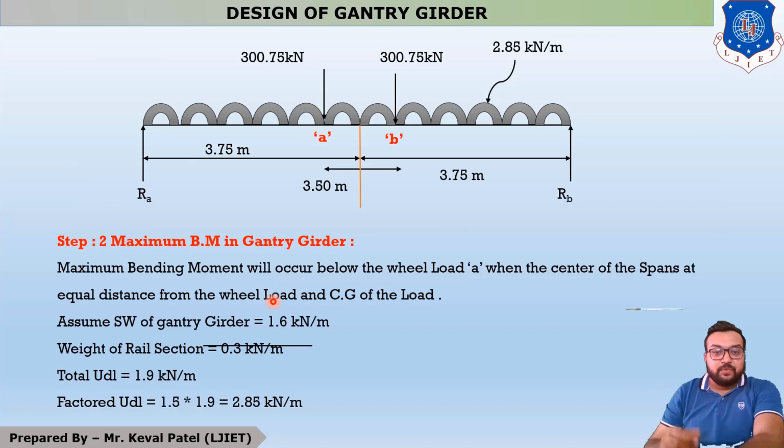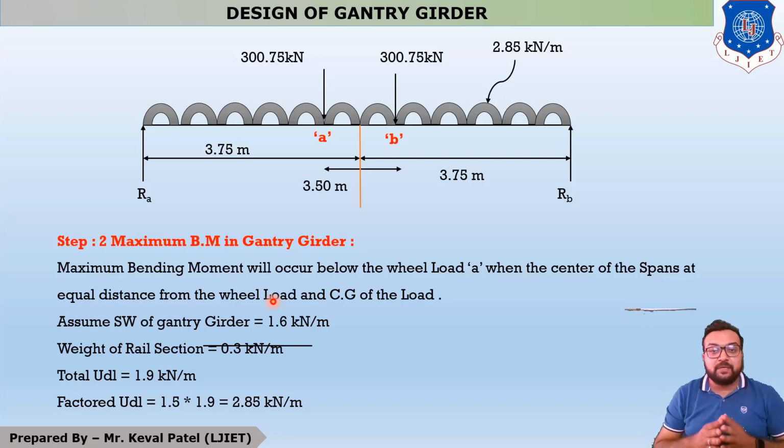In the second step, we have to find out the maximum bending moment generated in the gantry girder. It is already discussed that in this step we use the absolute bending moment, and we consider the statement that the maximum bending moment will be generated at a distance of capital B by 4 from the center of the span.